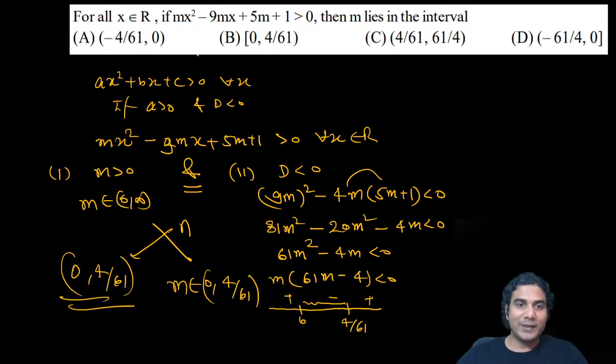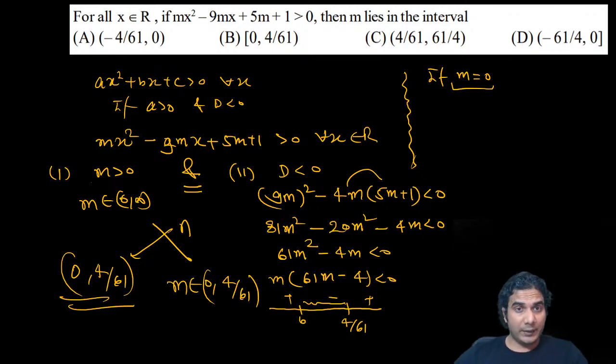Okay, will 0 be included? Because if m is 0, then this is not going to be a quadratic. Okay, let's check it. If m is equal to 0, even if it is not a quadratic, then it will become either linear or constant. If it becomes linear, then it won't be always positive.